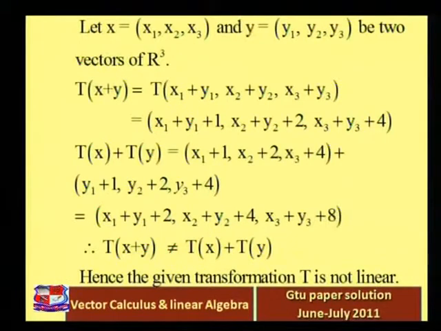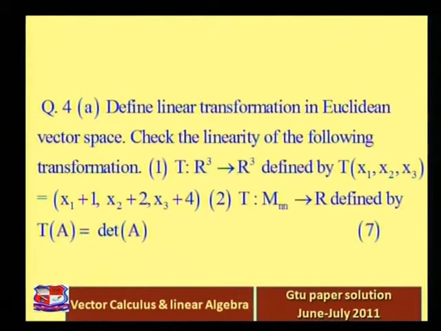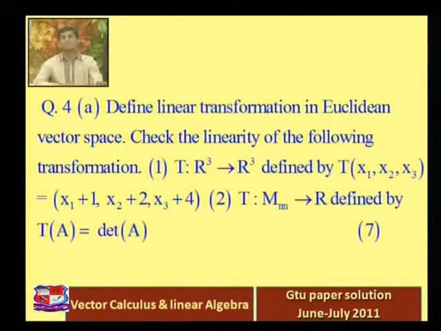Okay, now what is our next example? T from the set of n cross n matrices, that means the set of square matrices, to R, defined by T of A equal to determinant of A. Okay, now if you want to prove that a given transformation is not linear, you can take a particular example, that's okay.